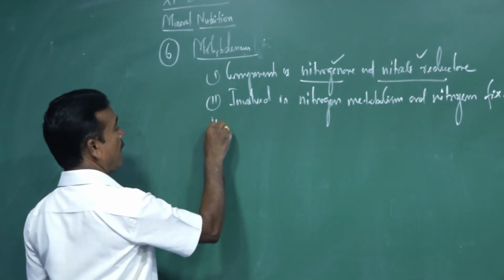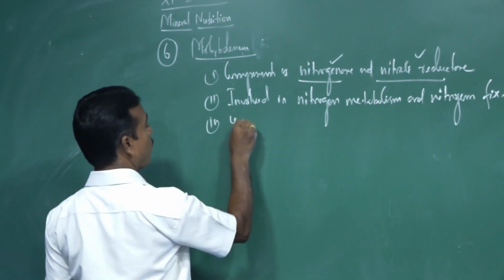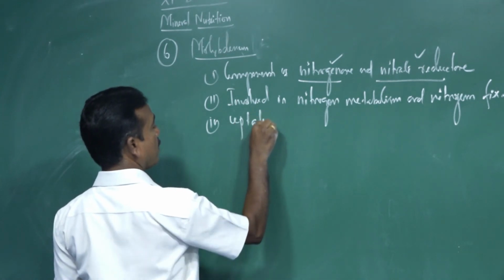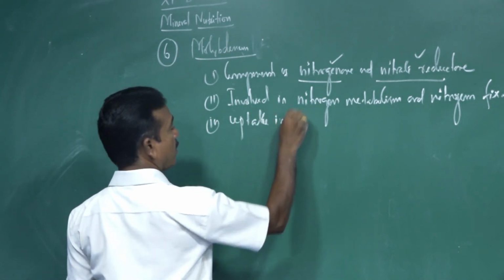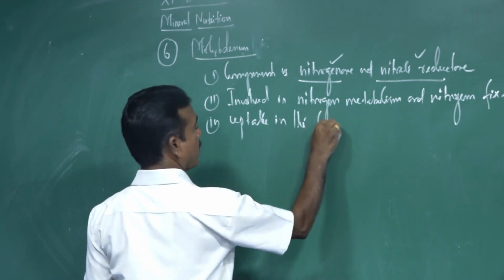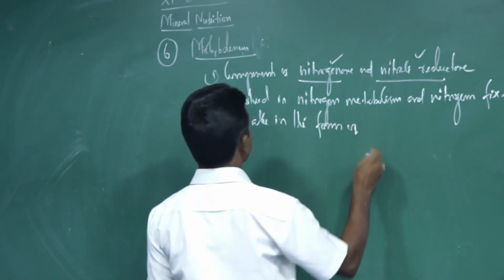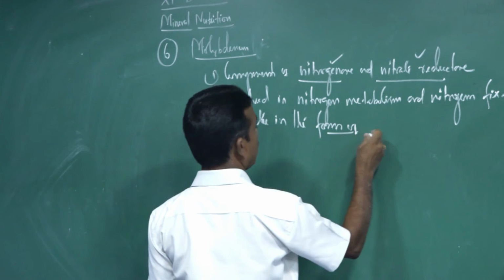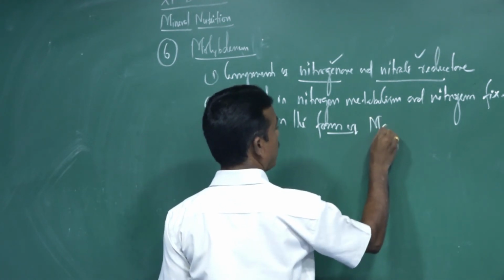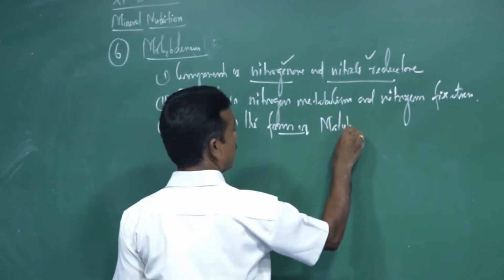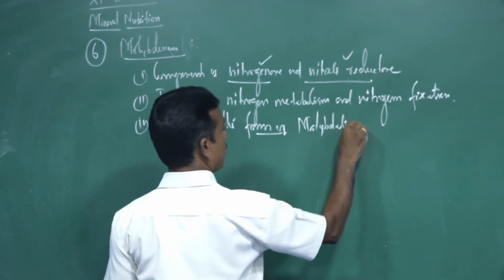Plants take up molybdenum in the form of molybdate ions.